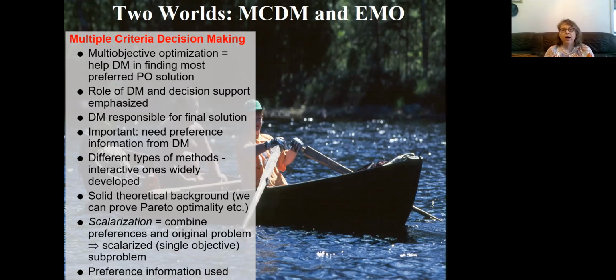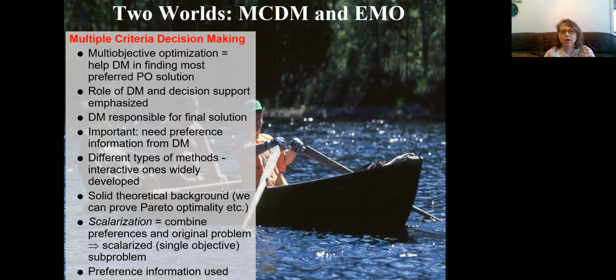So we know under what kind of assumptions Pareto optimal solutions exist, and many of these types of methods are based on scalarization. So the multi-objective optimization problem is converted into a single objective optimization problem, which can then be solved by an appropriate single objective solver. And by choosing the scalarization function carefully, we can still guarantee Pareto optimality.